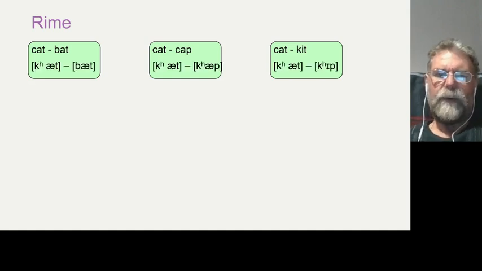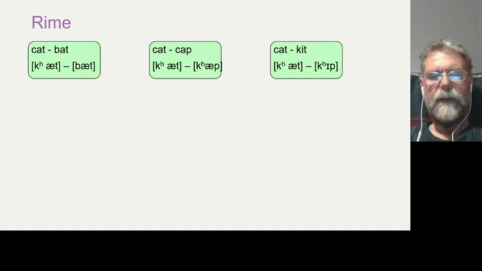Now, what does it mean for something to rhyme? Well, as you can see here, a rhyming pair has a different onset but the same nucleus and coda. So cat and bat have the same at part to them, the nucleus a and the coda t, but they differ in terms of the onset, the k and b part. The other pairs differ in another aspect.